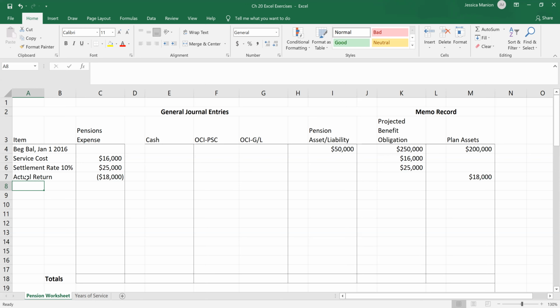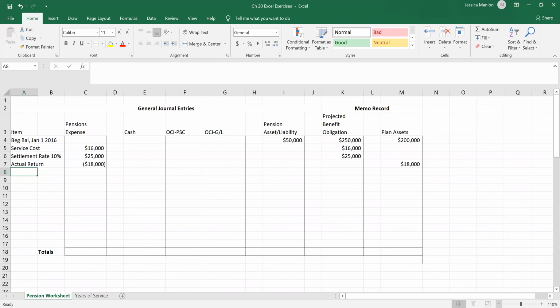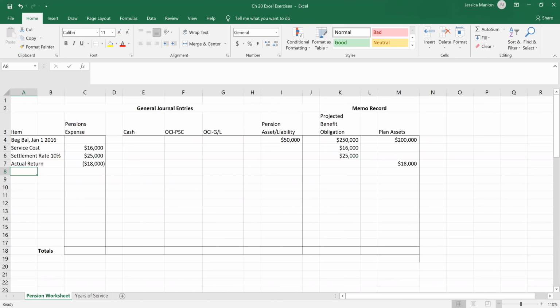Yeah, 20-2. And so also what we have to look at, because now this is going to be the first one that we're getting practice with the gains and losses, right? And so the gain or loss at this point is the difference between the actual return and the expected return, right?